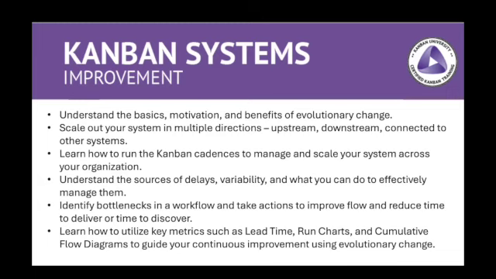The other things that we cover is we understand the sources of delay. All these things like sources of delay and variability, and what you can do effectively to manage them, are part of optimizing your workflow, optimizing your capability. So you shape the demand in Kanban Systems Design. Now you have to deliver and you have to keep on improving.